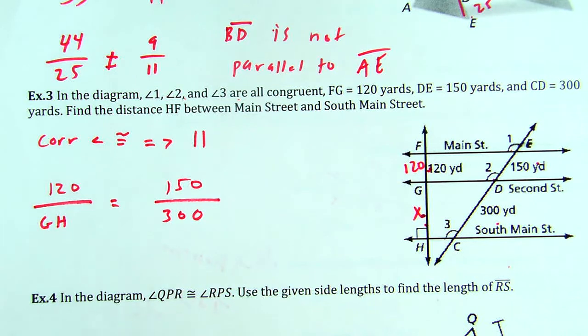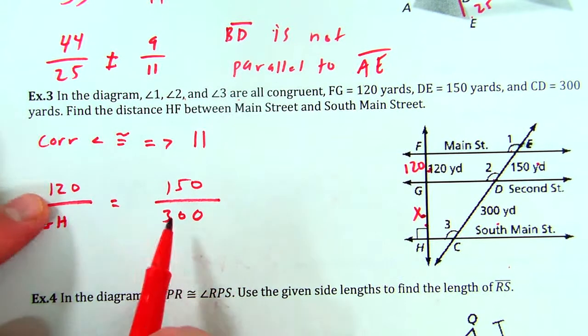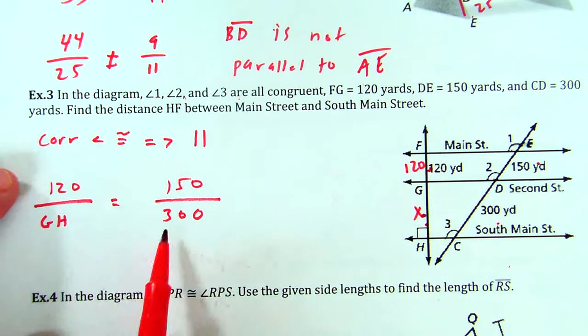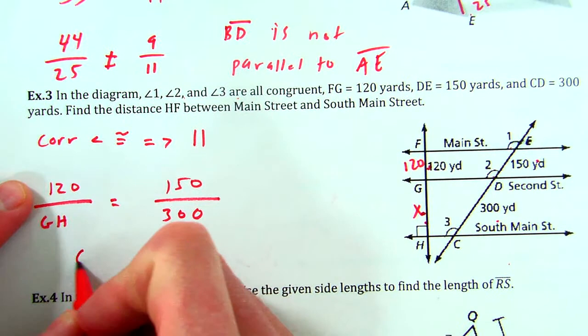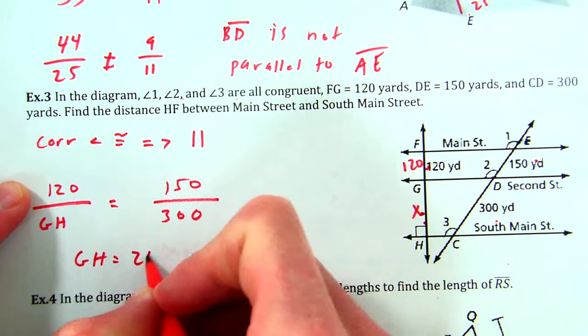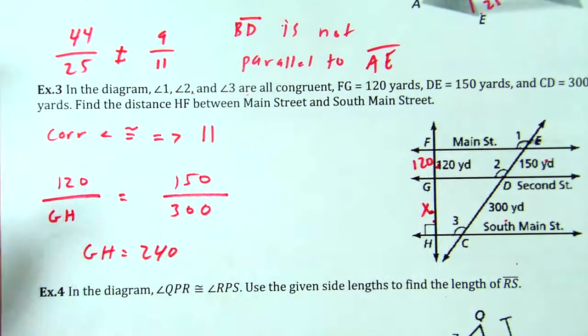Okay. And now if you cross multiply and solve here, you do 120 times 300, and if you end up dividing that by 150, you get that the length of GH is equal to 240, and you can make sure of that with your own cross multiplication there.